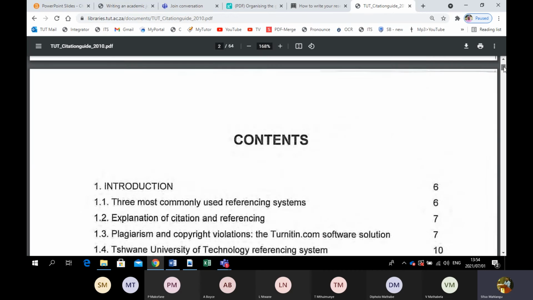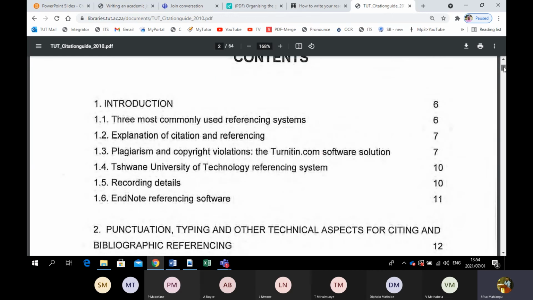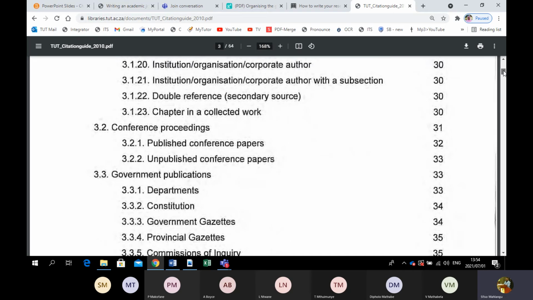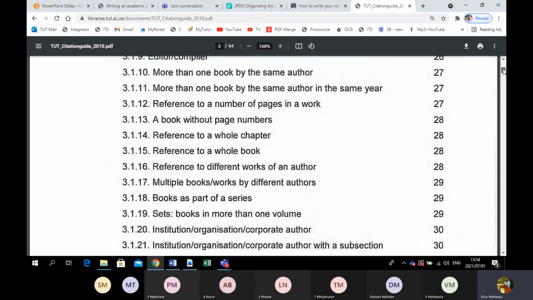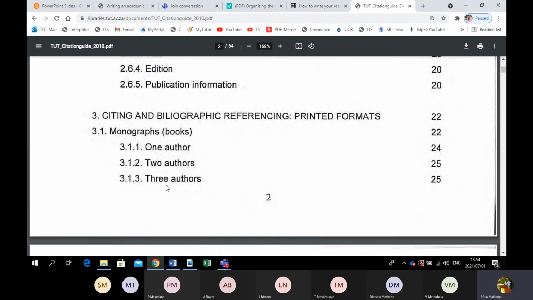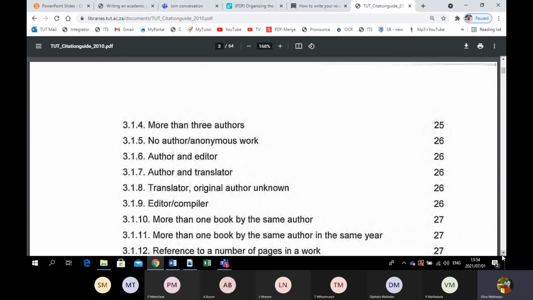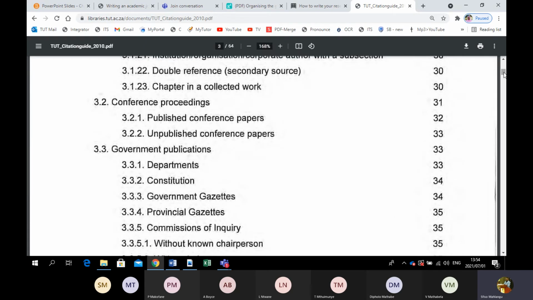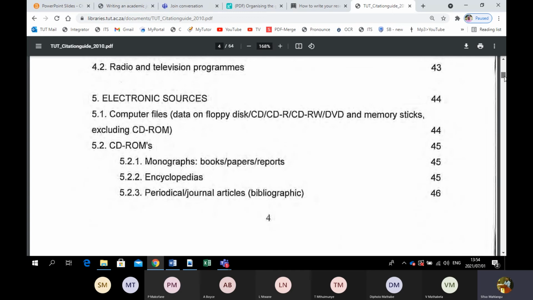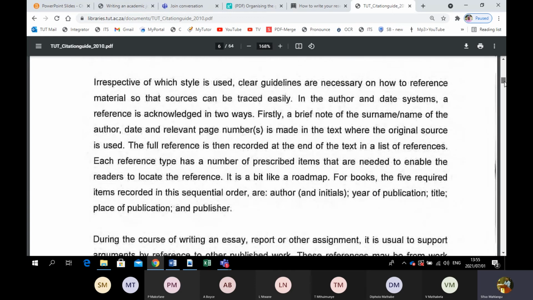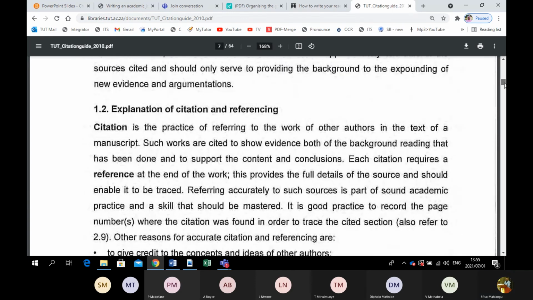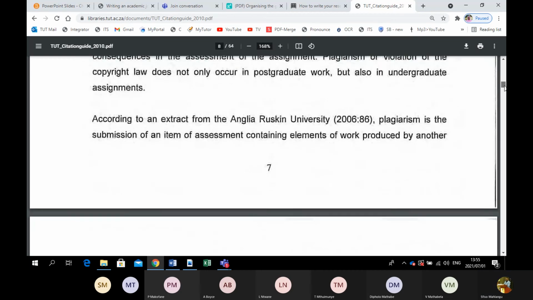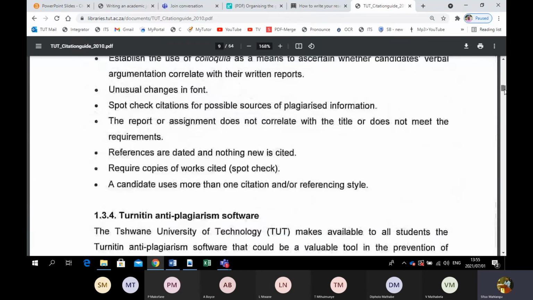Obviously, all your research projects at TUT will want you to use this citation. For example, if I'm referencing a book, you can see here it talks about 3 authors or more authors. Some of these things I've highlighted so far. The nice thing about it is that it gives you practical examples of how you should do it.